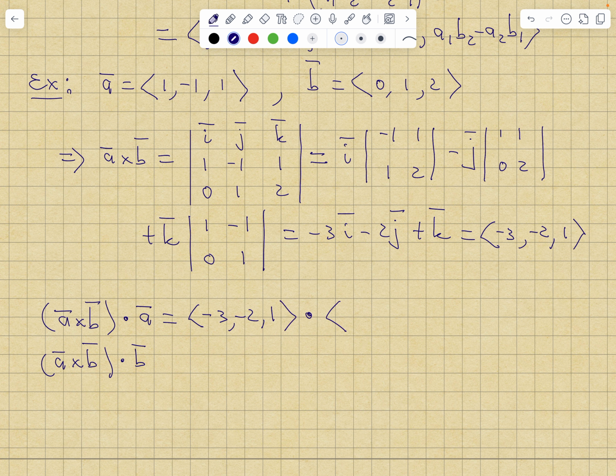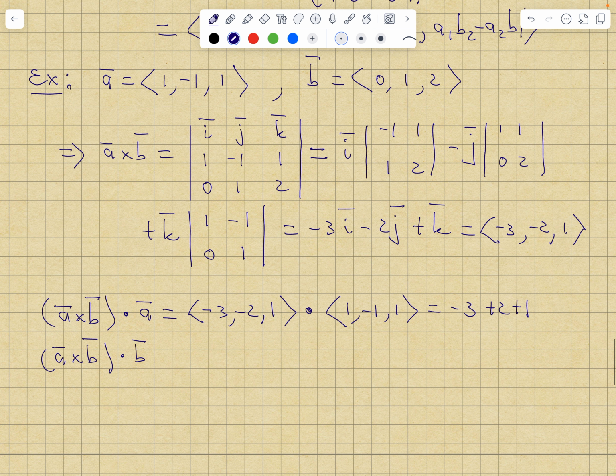And A is 1, minus 1, 1. So this is minus 3 plus 2 plus 1, and that is 0. That's pretty good. Now A cross B dot B: minus 3, minus 2, 1, dot product with 0, 1, 2. So minus 3 times 0 is 0, minus 2 times 1 is minus 2, 1 times 2 is 2. This is also 0.